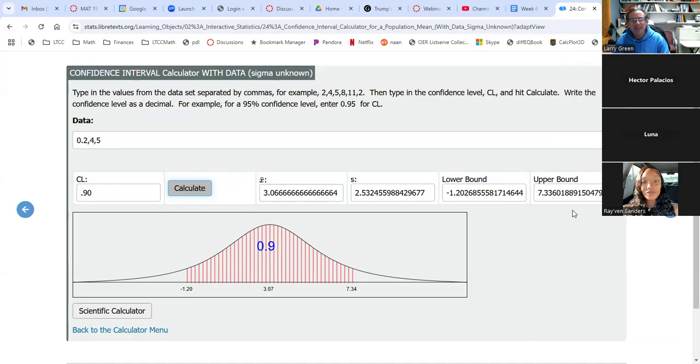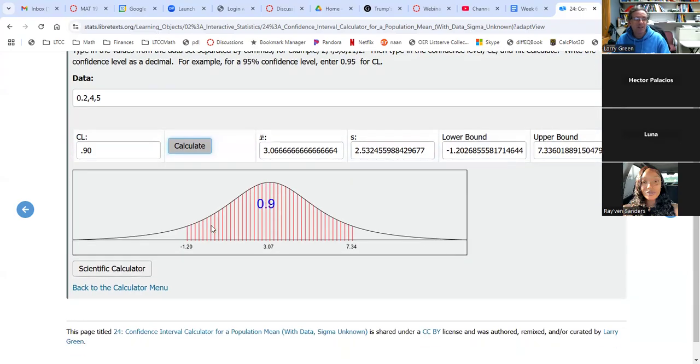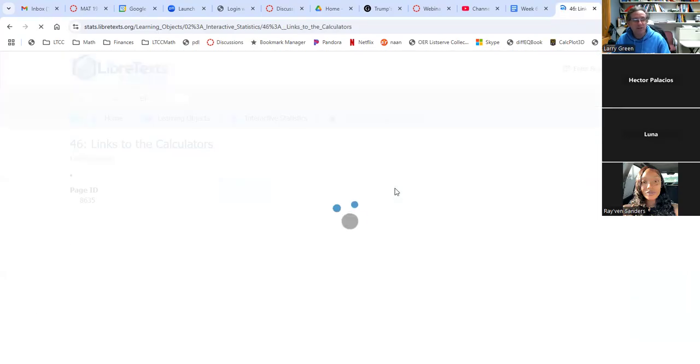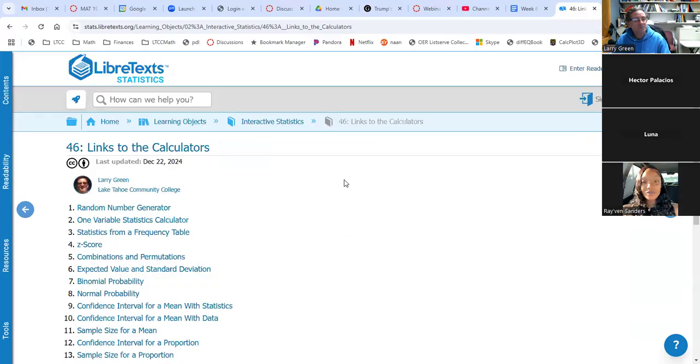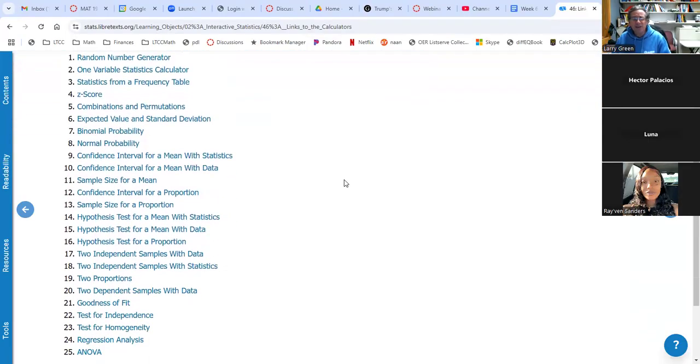What do you think? Yeah, this won't work because this is for means. There was an x bar and an s. We're not going to have an x bar and an s. So I'm going to go back to the calculator menu. And what calculator should I use?